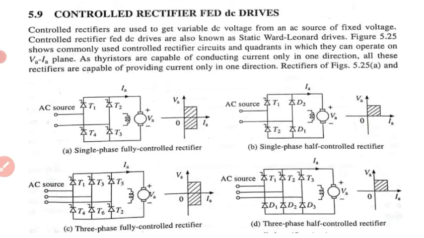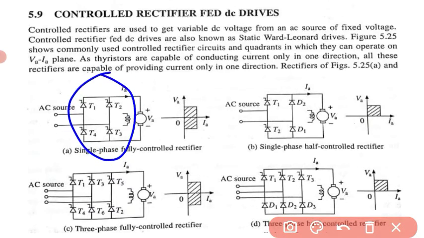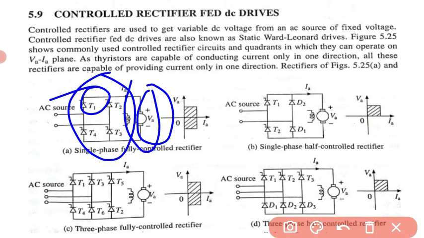Here, the controlled rectifier is nothing but, instead of diode, we are using SCRs, thyristors. The output voltage is controlled by varying the firing angle, we can control the output voltage, and hence the speed can be controlled.